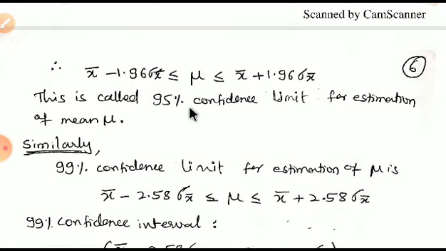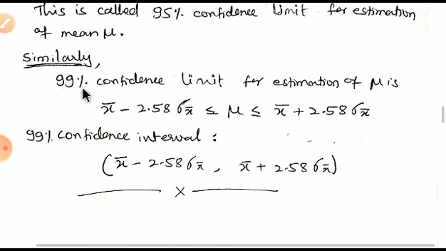This is called the 95% confidence limit for the estimation of mean. Similarly, the 99% confidence limit for mean is x bar minus 2.58 sigma and x bar plus 2.58 sigma. So this is the interval for mean.